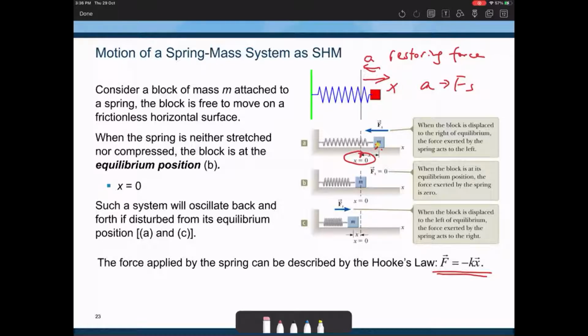Okay, later, the particle would come back to the equilibrium point where there is no further extension of the spring. So that is the situation in B. Particle comes back, no further spring force, no further external force on the particle. But because of the inertia, the particle actually keeps moving.